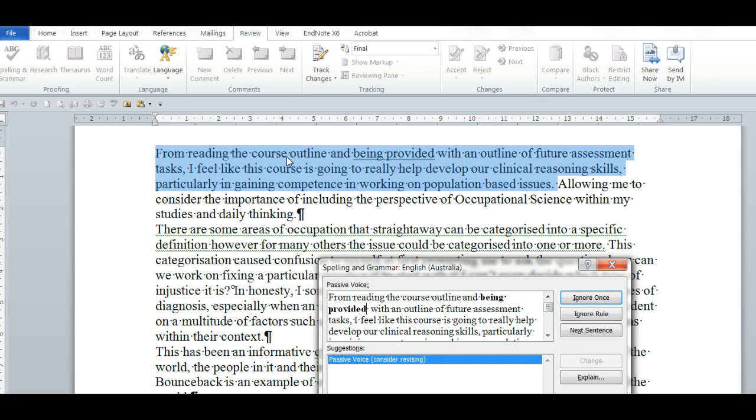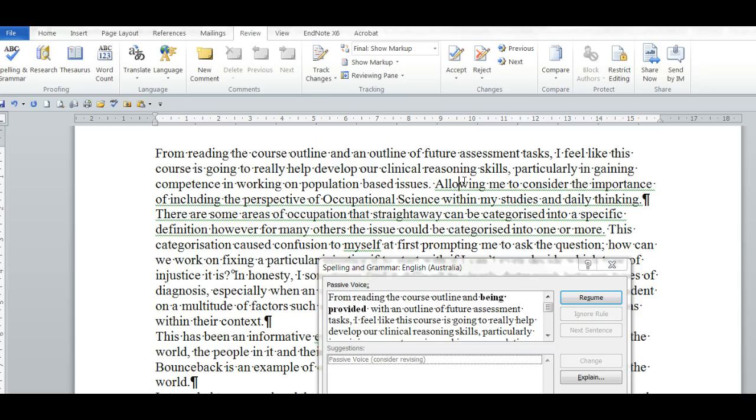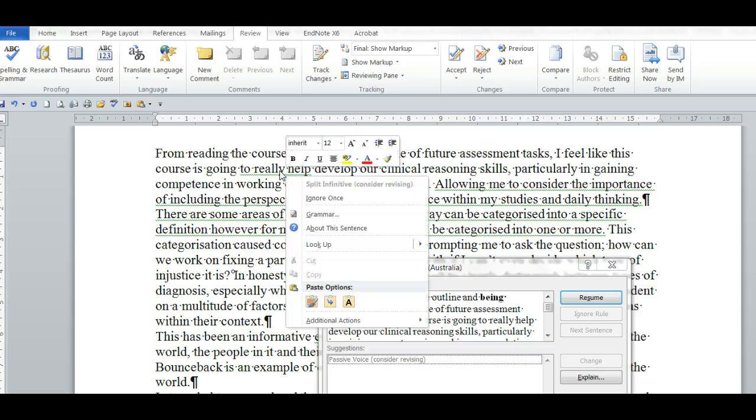So from reading the course outline and being provided with an outline of future assessments, maybe it's from reading the course outline and an outline of future assessment tasks. I feel like this course is going to really help develop our clinical reasoning skills. Okay? It just makes it a stronger sentence, less wordy, and more direct.